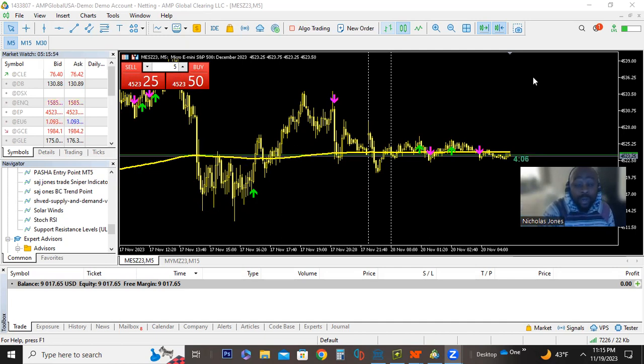As a retail trader, we're allowed to trade smaller amounts. So say you enter one standard ES contract for the S&P 500, and that one contract is worth $12.50, but it moves 30 points. That's $375.